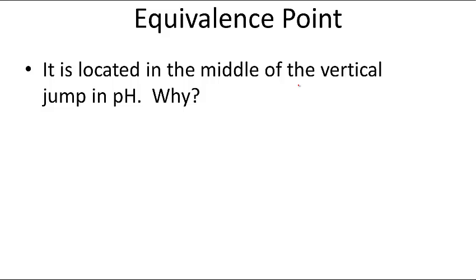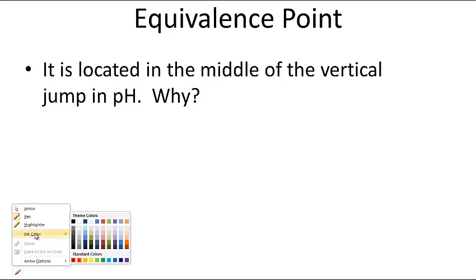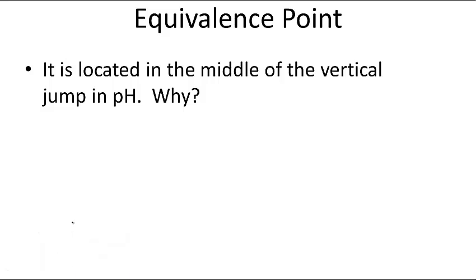So we already answered this question by doing the math. We say the equivalence point is in the middle of that vertical jump in the pH. So why is that? What was keeping the pH from jumping up?